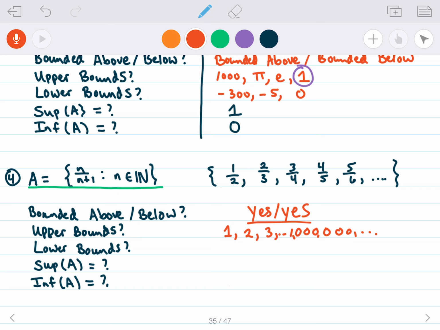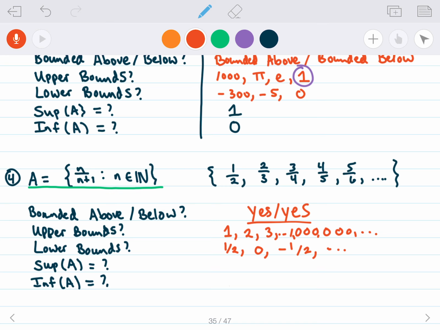Lower bounds: what things are less than or equal to everything in the set? Well, how about 1/2? 0, -1, a half, and so forth. Lots of lower bounds. Okay, so what's the least upper bound?